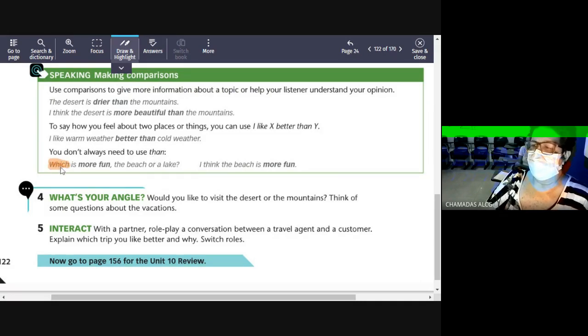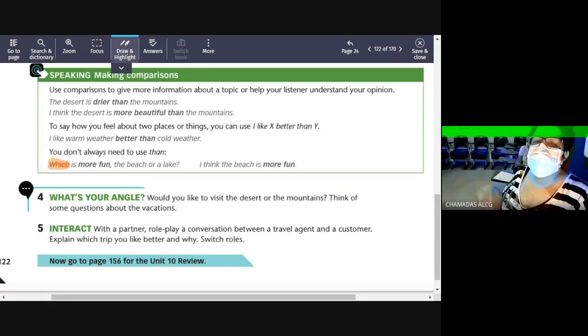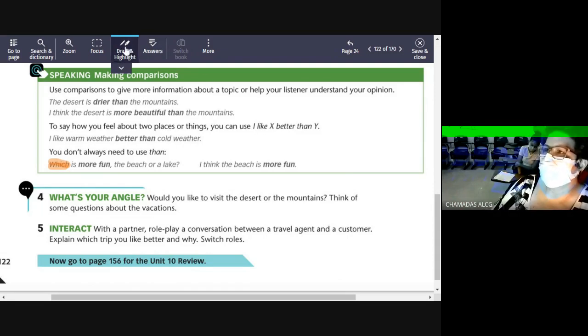This is one example, okay? Which is more fun, the beach or the lake? Which one is better, the reclining Buddha or the palace? Which place is better to go, the Sahara Desert or Thailand? Okay, for sure. Yes. All right, by all means.